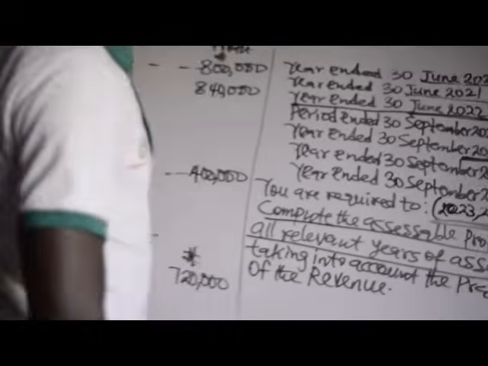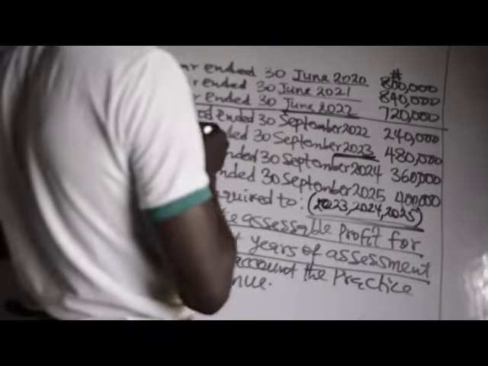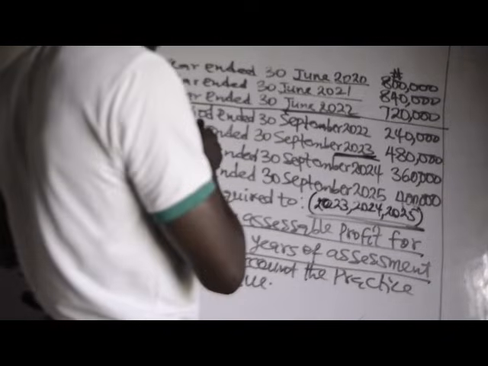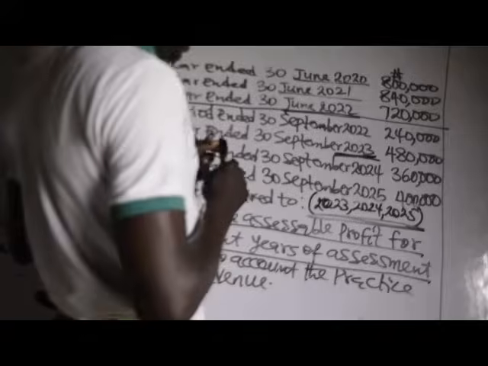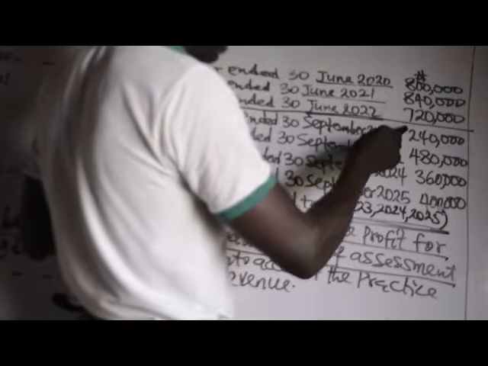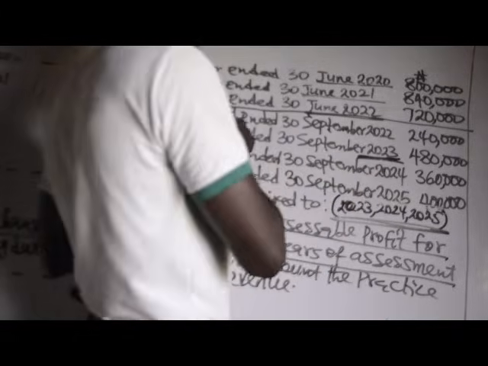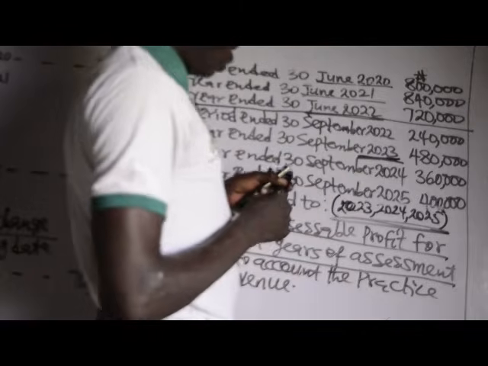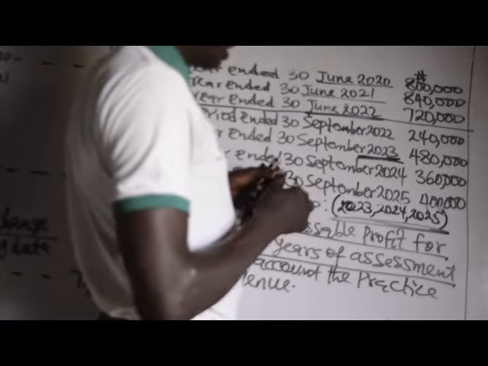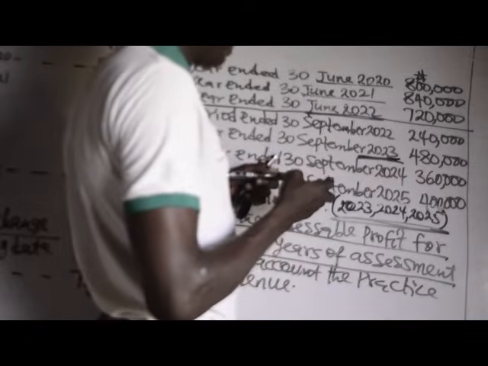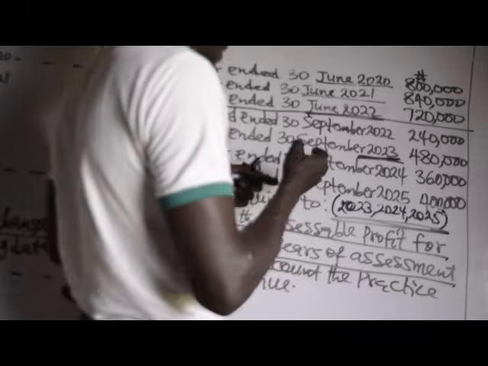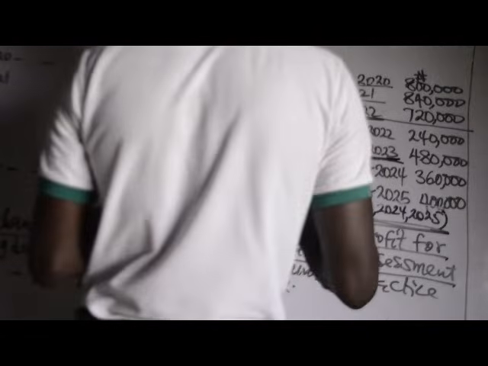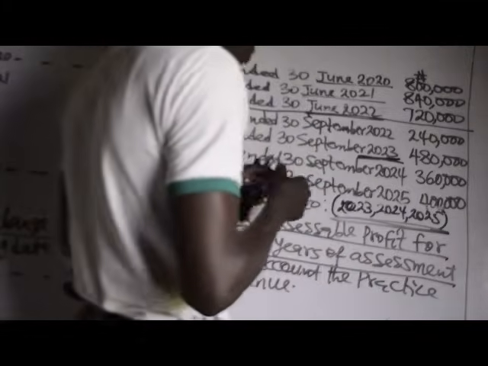Back to the question. We didn't have profit that is in line with that period. But the first period of profit we were given is the profit for the period ended September 2022. And we are looking for profit from July 2022 to June 30, 2023.